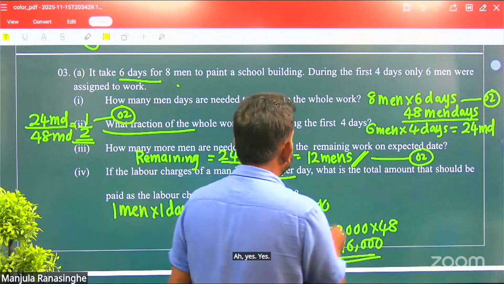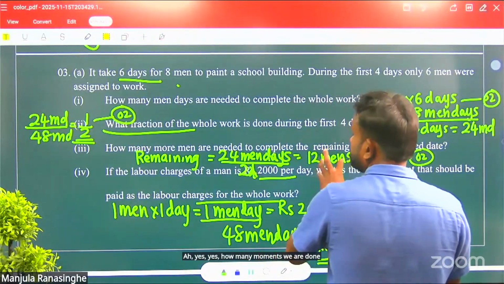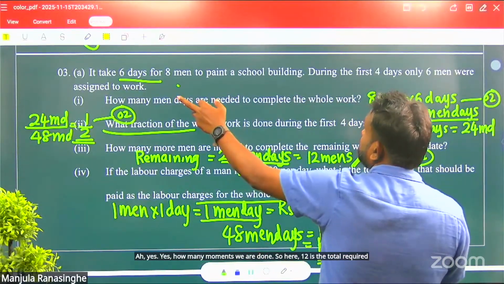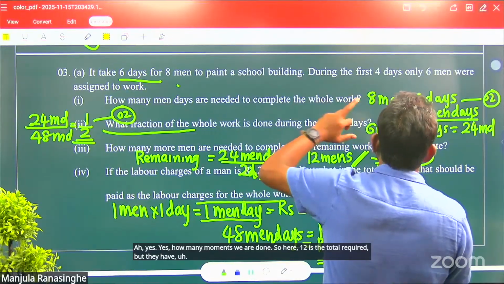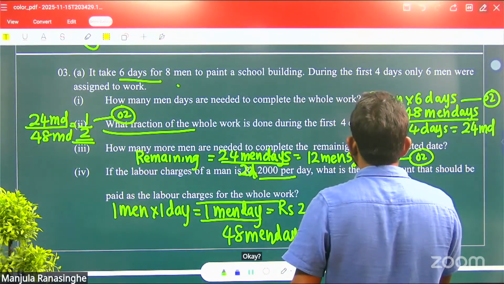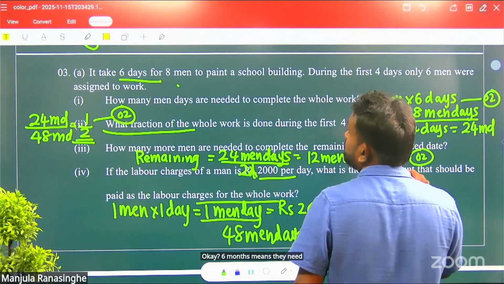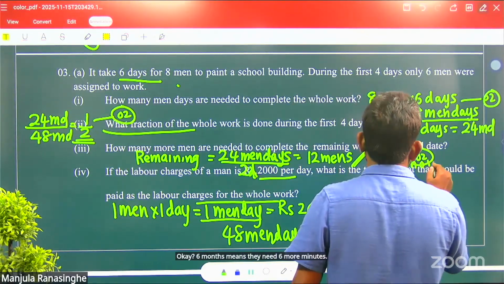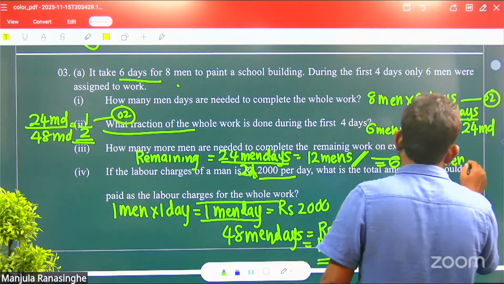In the third question, they're asking how many more men, so we have to subtract. Here 12 is the total required, but in the first 4 days 6 men worked. So they need 6 more men. But 8 are there already, even though 8 didn't work?